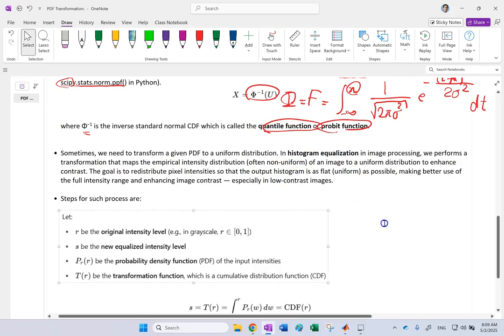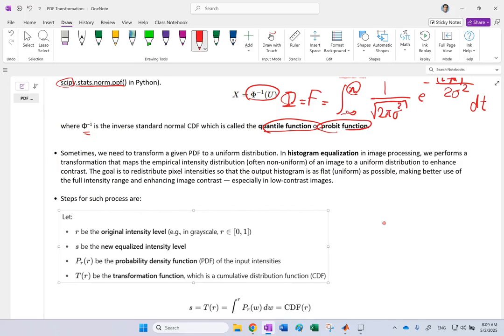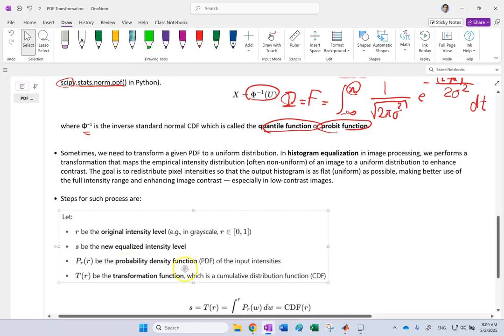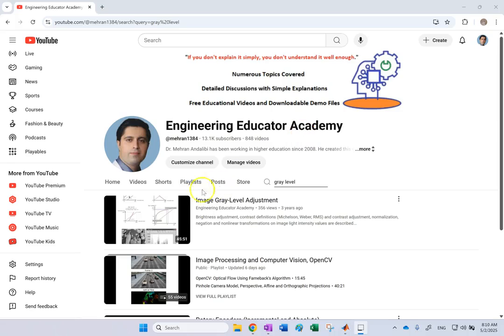I have a separate video on that under the playlist image processing and computer vision. It's called gray level adjustment or gray level transformations, and at the end of that video, I talked about histogram equalization.